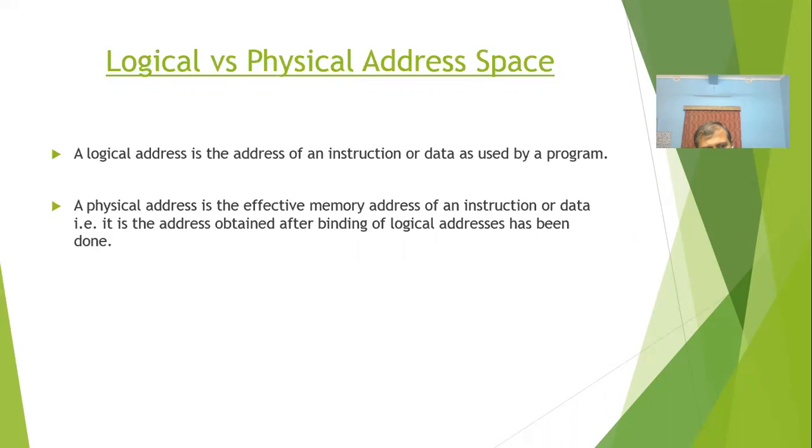A physical address is the effective memory address of an instruction or data. That is, it is the address obtained after the binding of the logical address has been done. That means the logical address changes to the actual physical address from where the instructions are being fetched during the execution of a particular process. So basically it is some sort of binding mechanism.